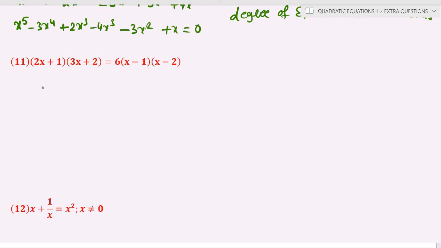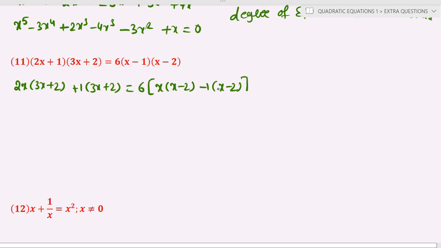You take the left hand side and multiply it like this: 2x into (3x + 2) plus 1 into (3x + 2). Similarly you take 6 into x into (x − 2) minus 1 into (x − 2), and you simplify this. 2x into 3x is 6x² plus 4x, and this 3x plus 2 is equal to 6 into x² − 2x − x + 2.